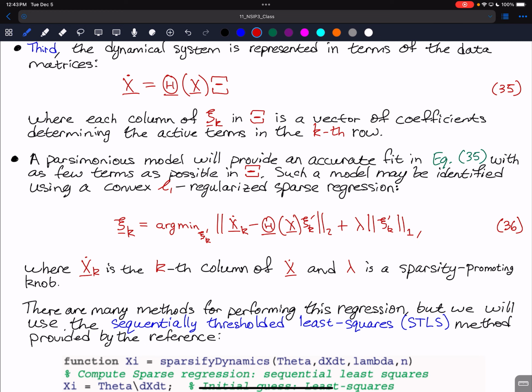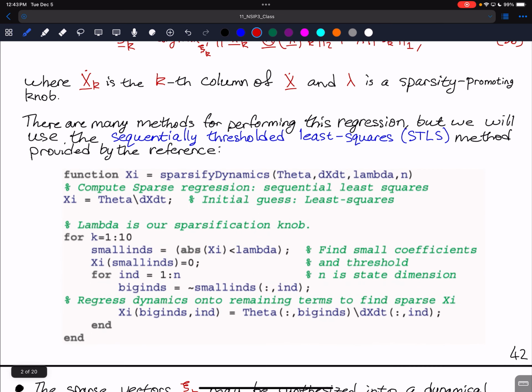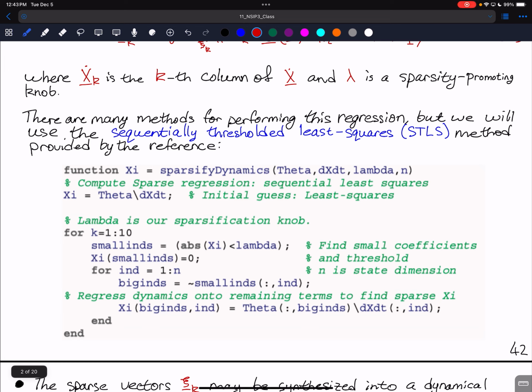There are several different methods for implementing this sparse regression. The book uses the sequentially thresholded least squares method, which is what we would just use as well. This is the function from that book. Effectively, they just loop through. They start off by doing the first regression.